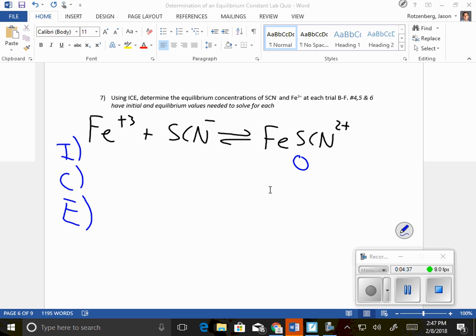However, if I look back, I did start with 1.0 times 10 to the negative third of the iron ion. And that is what you calculated in question number 5. That is the same for all of the trials. What differs in the trials is the amount of SCN that you used from one trial to another. In my trial, letter B, I used 1.9 times 10 to the negative fourth.